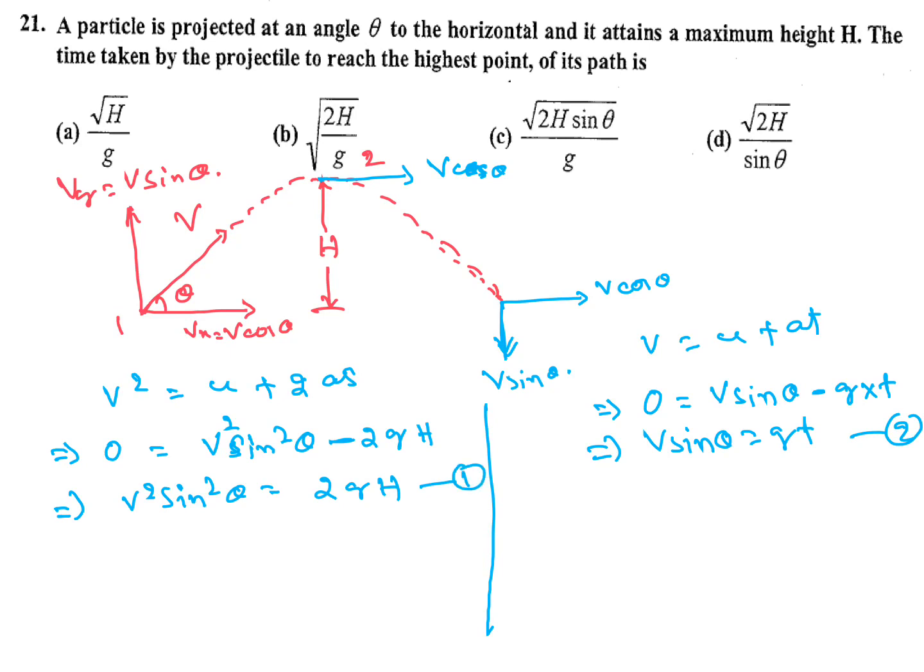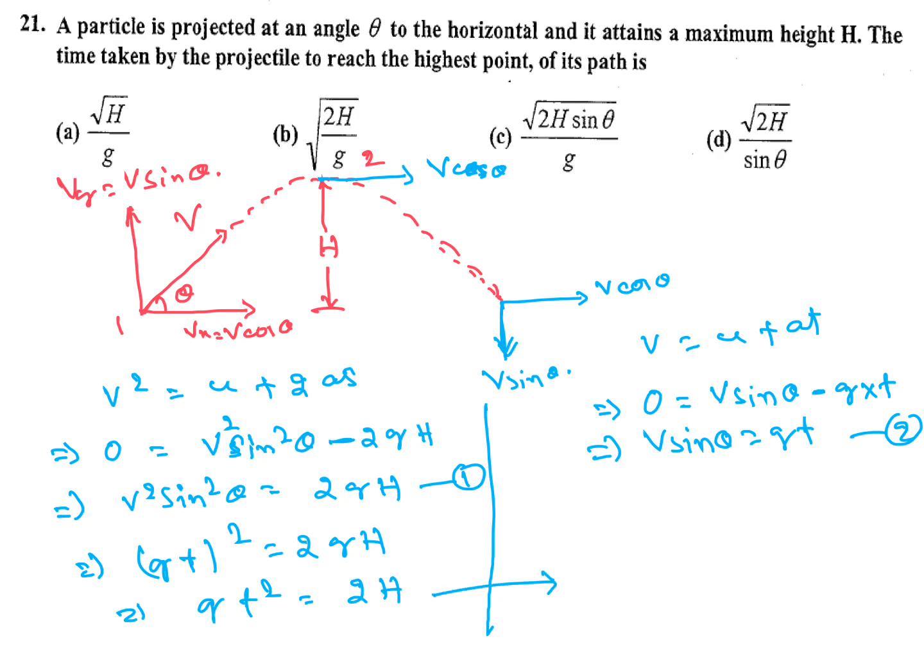From equation 1 and 2 we will get v square sin square theta, it's gt square equal to 2gh. So g square, gt square equal to 2h.